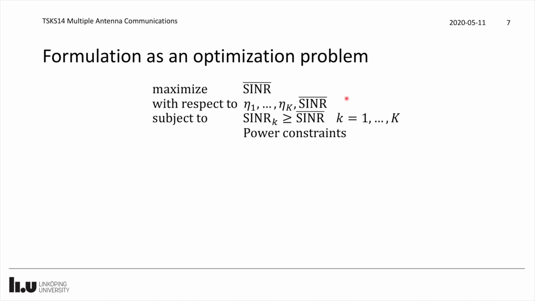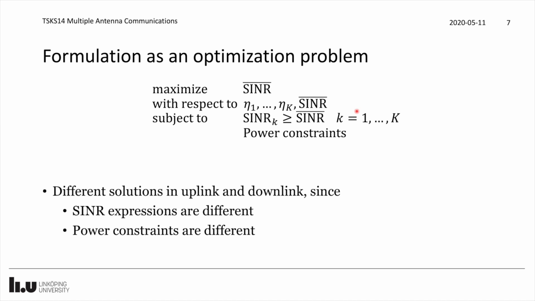But apart from that, the structure of the problems is almost the same in both the uplink and the downlink. However, we get different solutions in the uplink and the downlink because of the SINR expression being different. So we have A and B that are different, and they also depend in different ways on the different parameters we have, and also the power constraints are different.